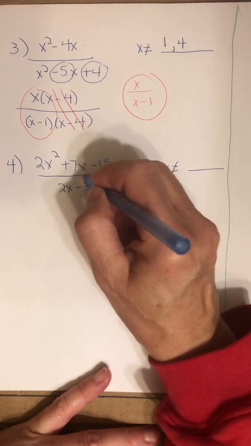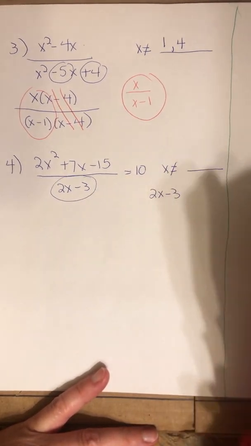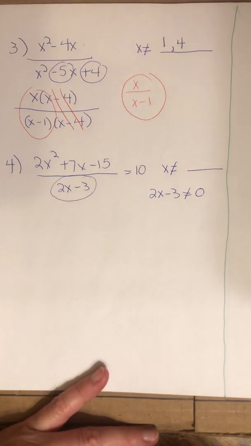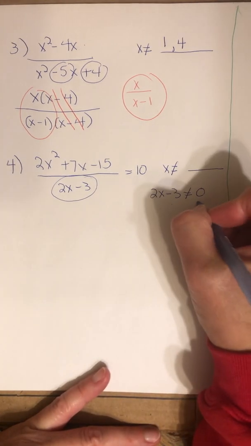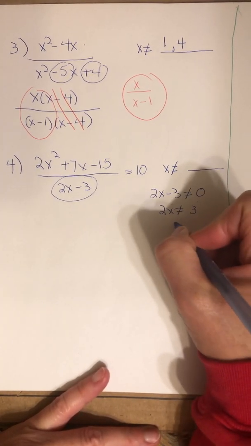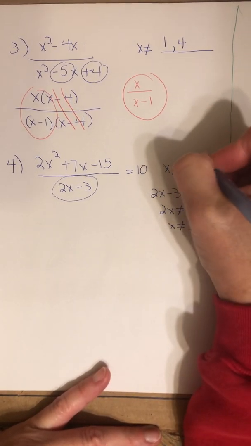This one is a little bit harder to see, so I actually am going to say my denominator, 2x minus 3, cannot be equal to 0. And I'm going to solve this one. I'm going to add a 3 to both sides. And divide by 2. x cannot be 3/2.